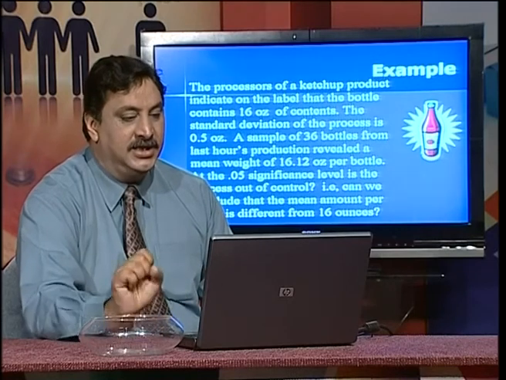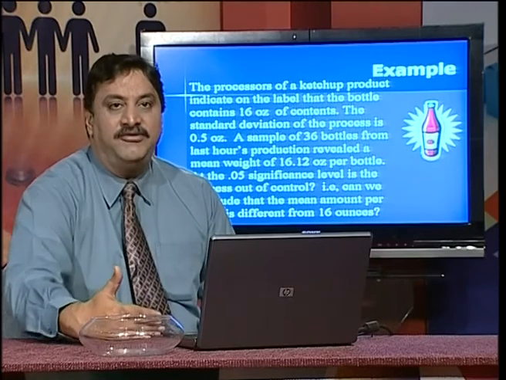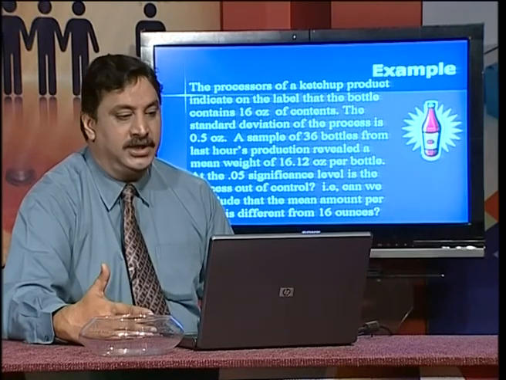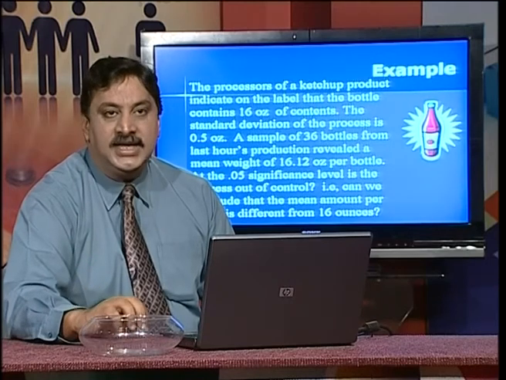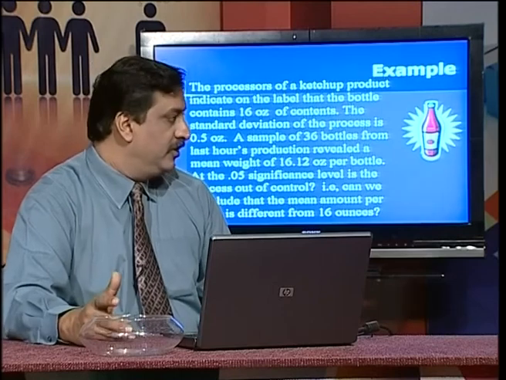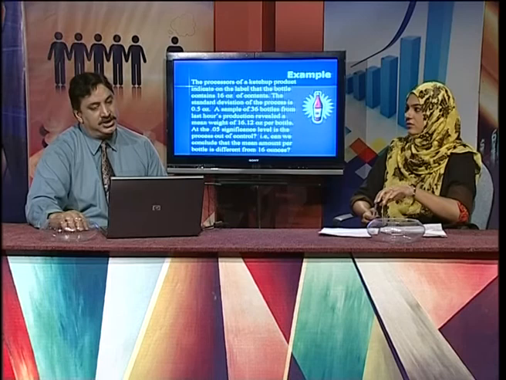Basically, in this statement we have our null hypothesis. The claim of the manufacturer is that the bottle contains 16 ounces of ketchup, and the standard deviation of the process is 0.5. We also have the value of the standard deviation. This is the population standard deviation.